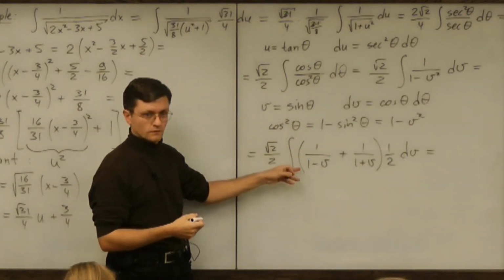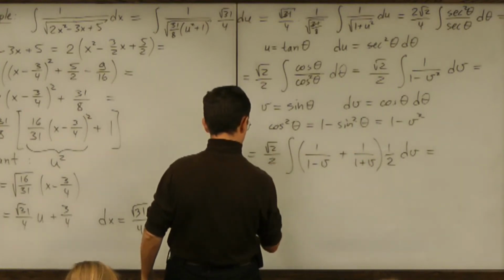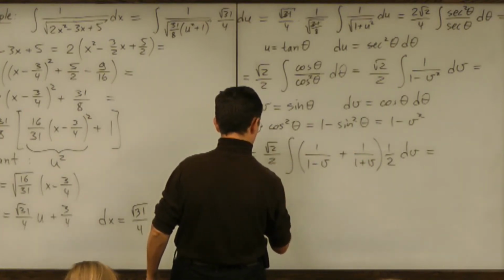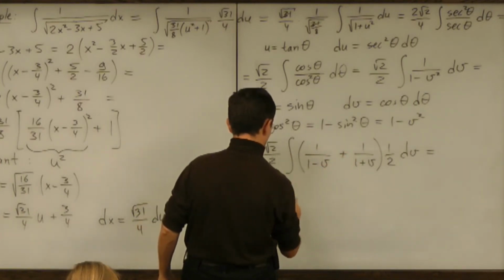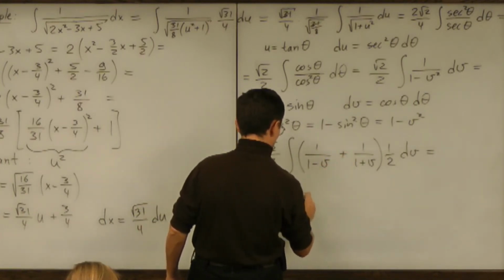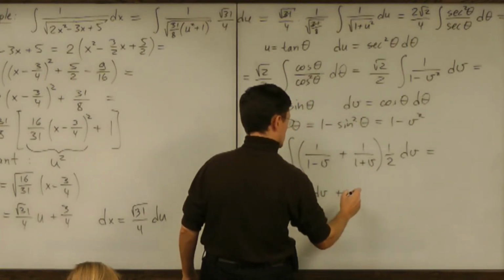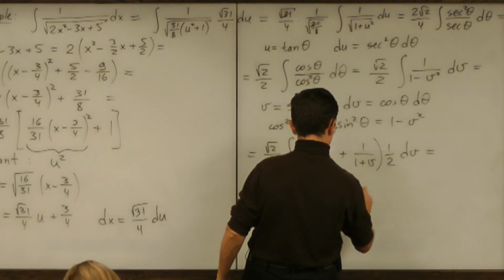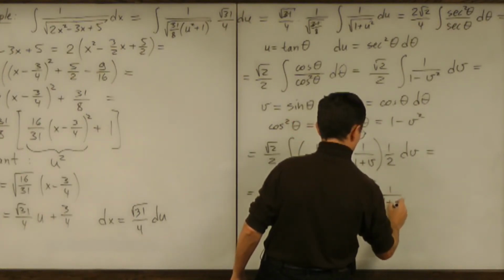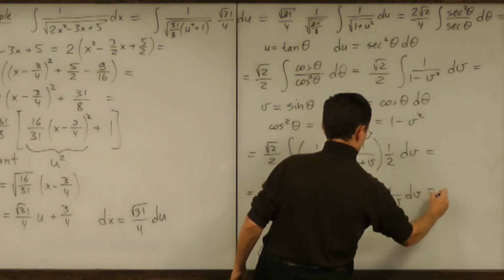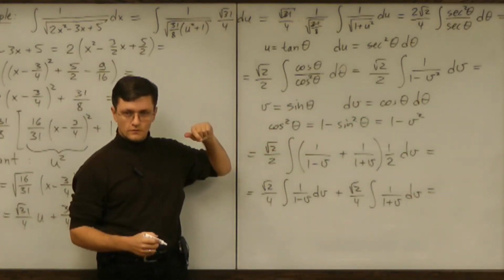I'm almost done. So I have to pull out this half. Half square root of 2 over 4. And then I will separate the integrals. Integral of 1 over 1 minus v plus square root of 2 over 4, integral of 1 over 1 plus v. And these are basic integrals.